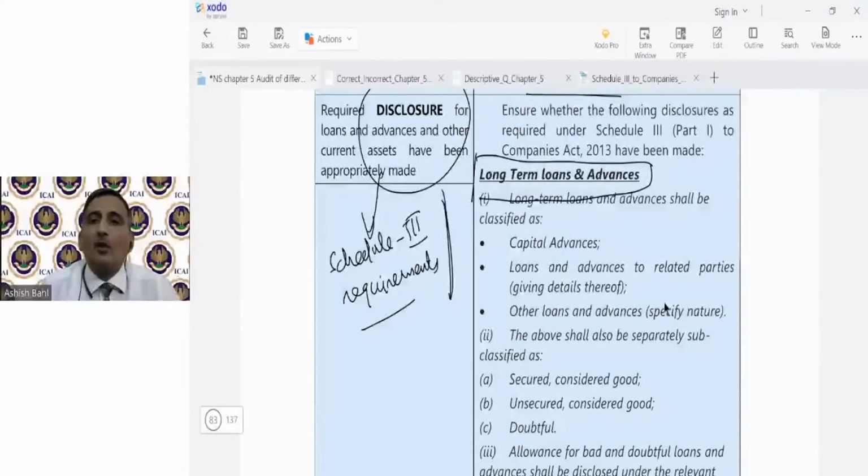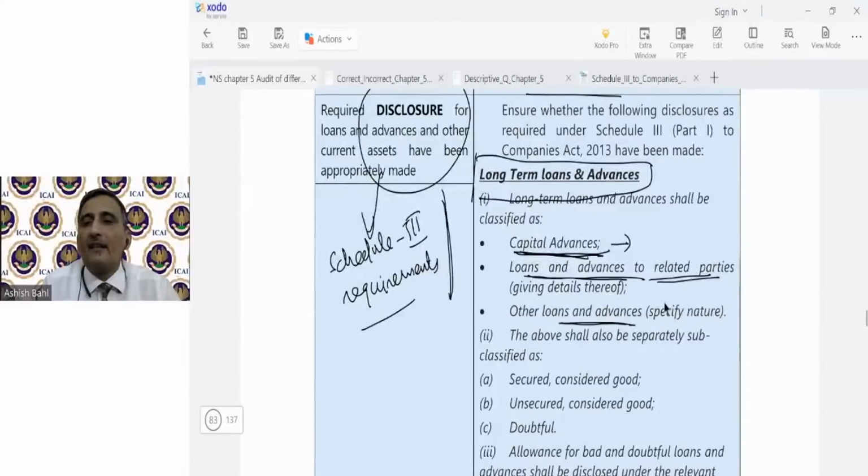So long-term loans and advances shall be classified as capital advances, which are of capital in nature, loans and advances to related parties, and other loans and advances.